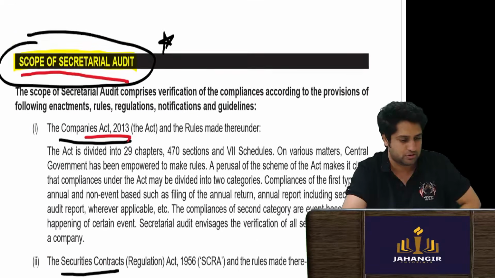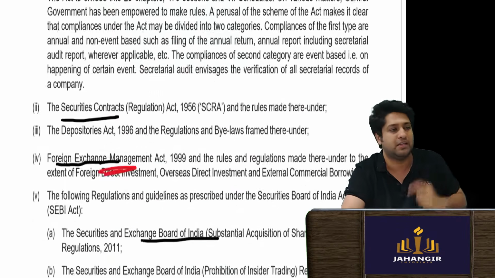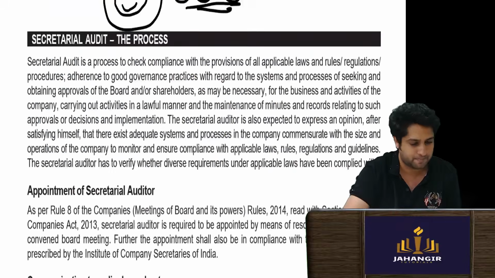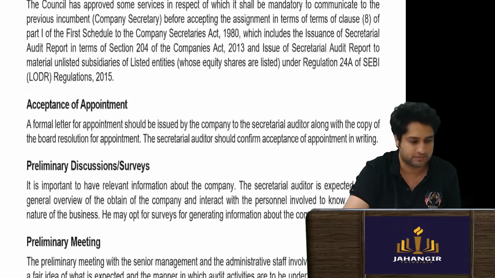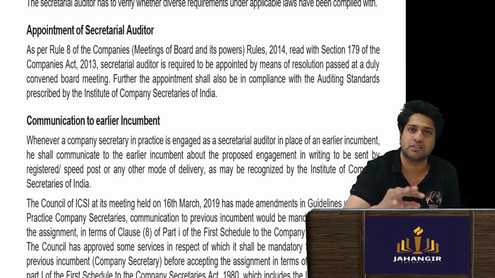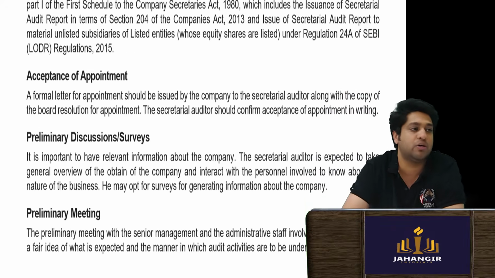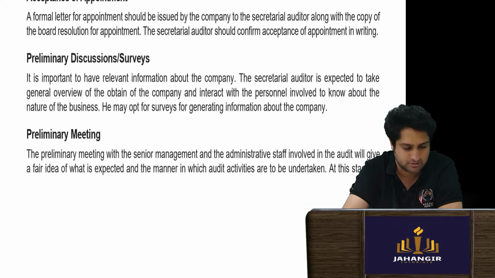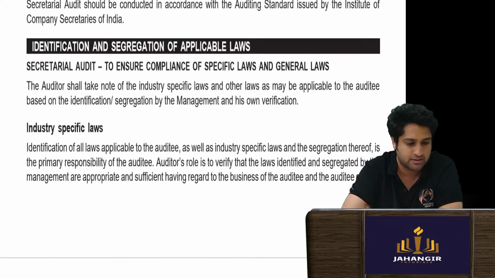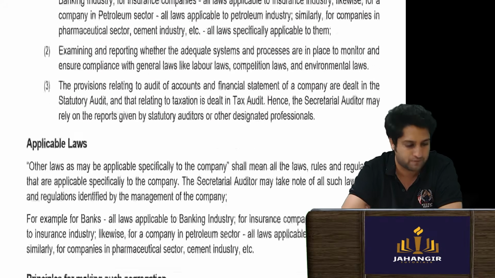So overview is sufficient. Scope of secretarial audit, every single law applicable to the company needs to be followed. So you don't need to read like that, everything is there. And then the process is very simple. Similar to before, your auditor is appointed, he will talk to the earlier incumbent, accept the appointment and do the audit process, that is the evidence part, and in the end he will give the working papers and his opinion, and he has to comply with the auditing standards as given in CAAS 4.